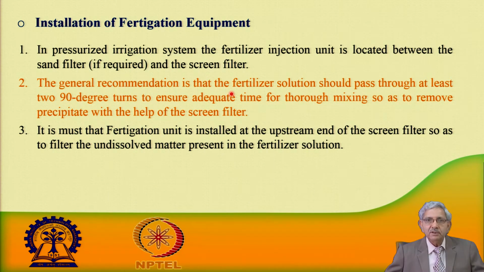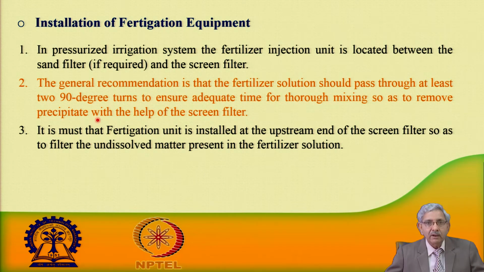The general recommendation is that the fertilizer solution should pass through at least 90-degree turns to ensure adequate time for thorough mixing. It can take place so as to remove the precipitate with the help of a screen filter, and it is a must that the fertigation unit is installed at the upstream end of the screen filter, so as to filter the undissolved matter present in the fertilizer solution.